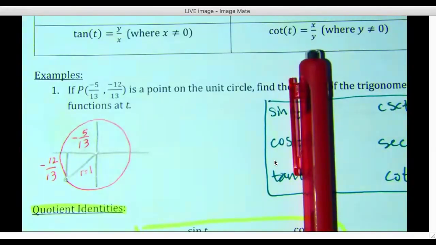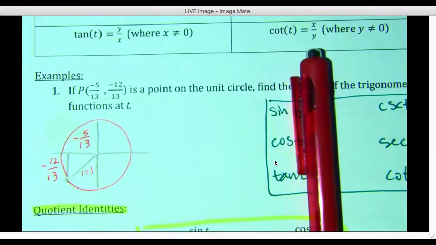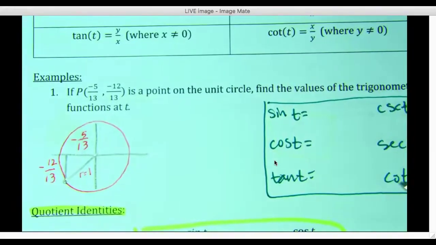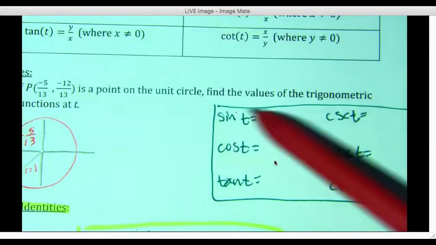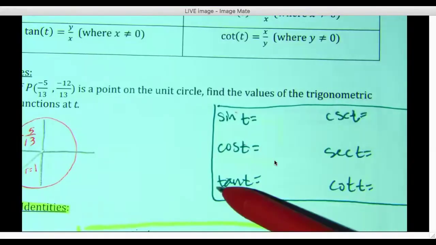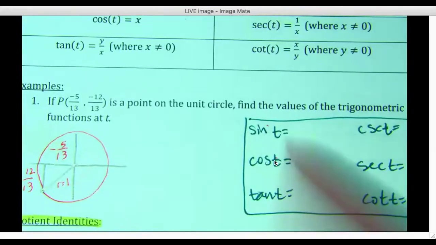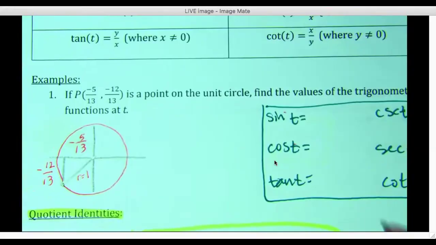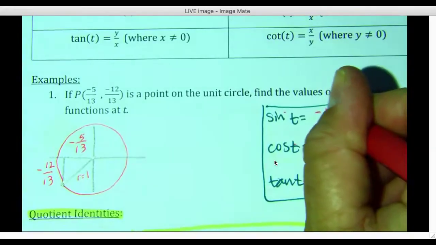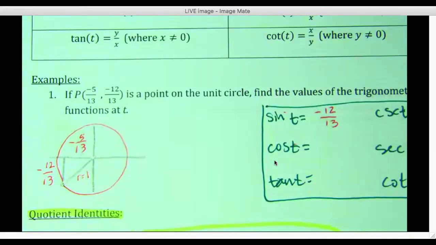I can go ahead and find my trig values at this point. When you're doing these problems, before I even start, list off all 6 trig functions, and I put the reciprocal function next to its reciprocal. Sine of this point is, again, the y value, so that'll be negative 12 over 13.